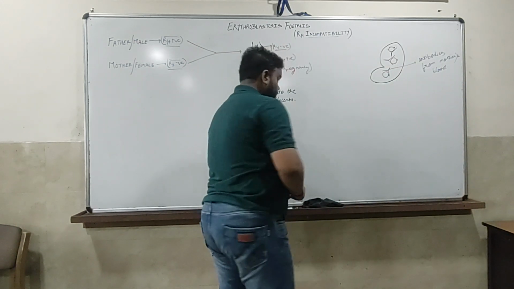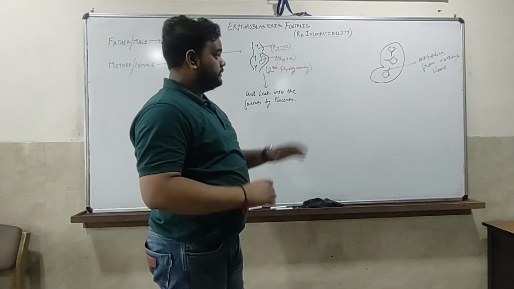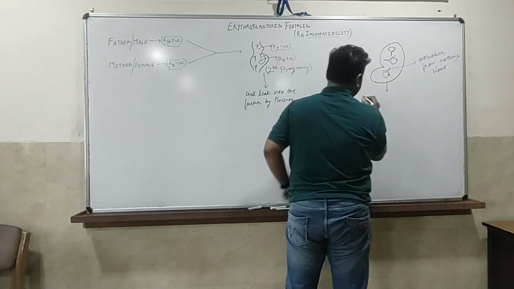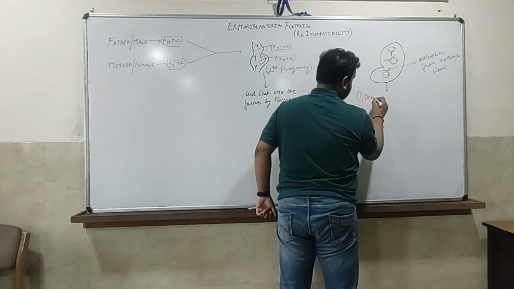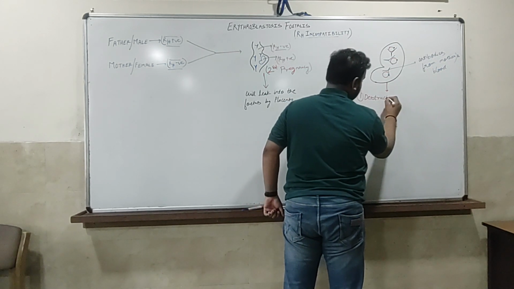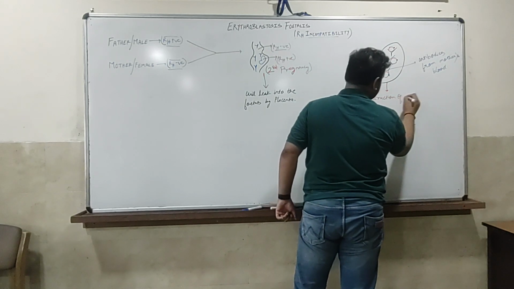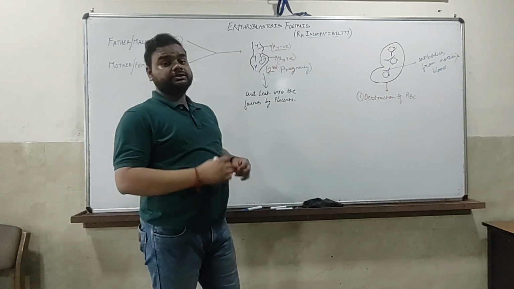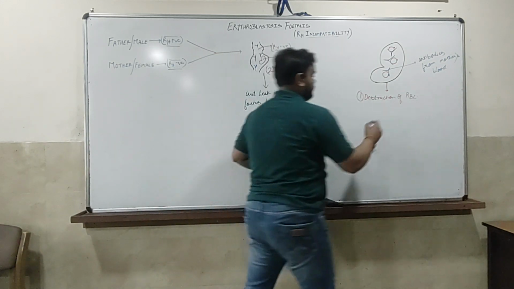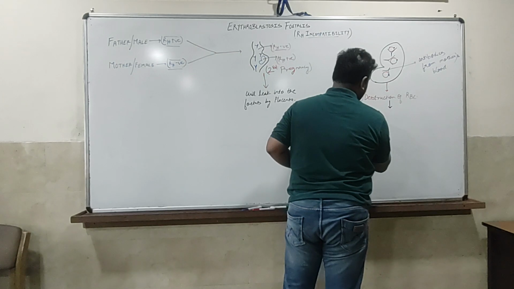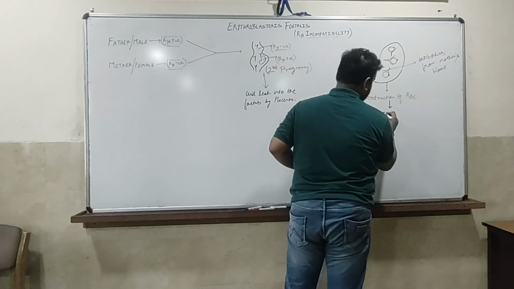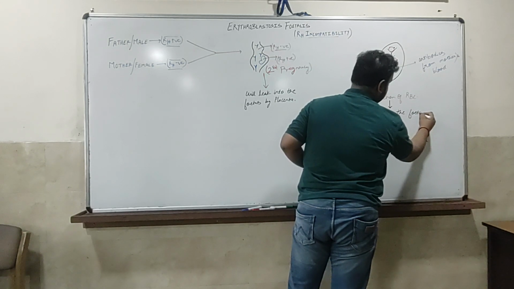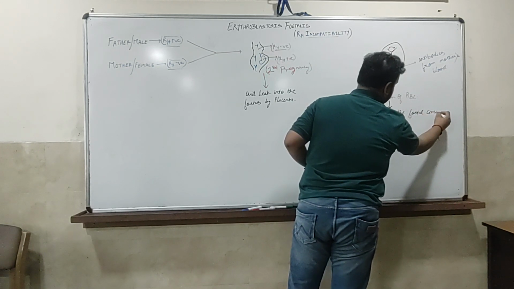Now, as the fetal RBCs are attacked, it leads to the destruction of RBC, and continuous destruction of the RBC will lead to collapse of the fetal circulation.